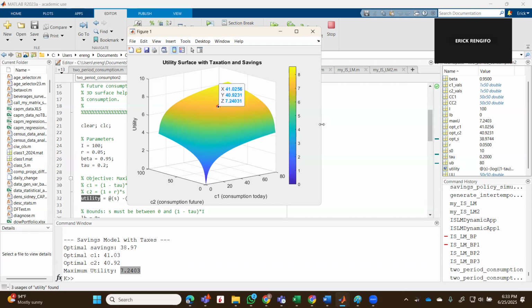Yeah, this is the one. So this implies that today I need to consume 41. So this implies that I need to save 38.97. And in the future, multiplying by 1.05, I will obtain $40.92. The maximum utility I will get is 7.24.